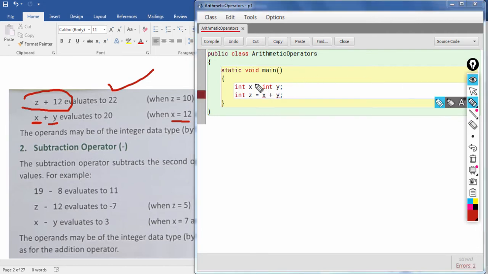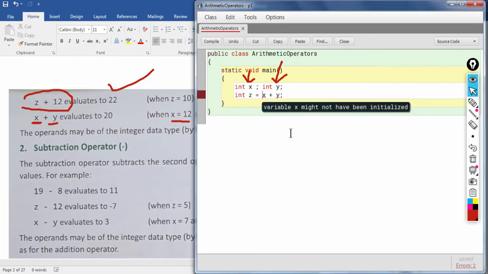Because we have declared the variable, we have made the container, but we haven't stored any literal value inside those variables. That is why if you compile this, it will give you an error. What is the error? Variable x might not have been initialized. So the variable must hold some literal before you can use that variable in an expression.